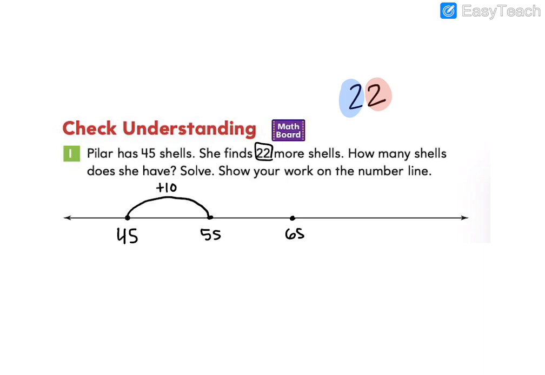So another 10 more than 55 is 65. So 10, 20. Now I need to show my 2 ones more. 2 more than 65 is 67. You should have found that there were 67 shells.